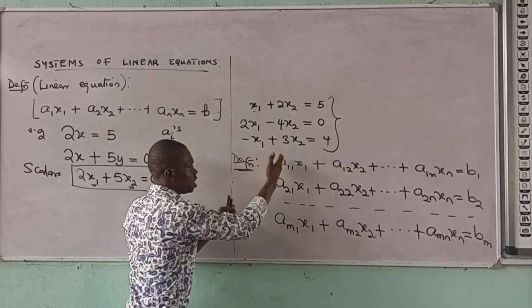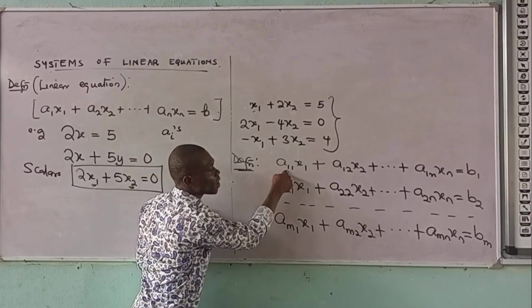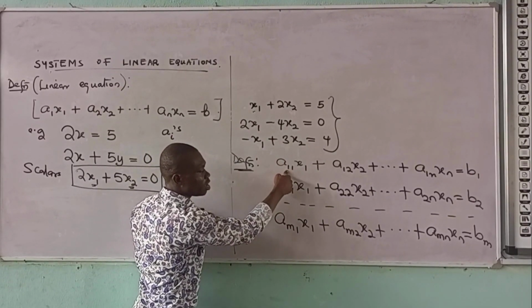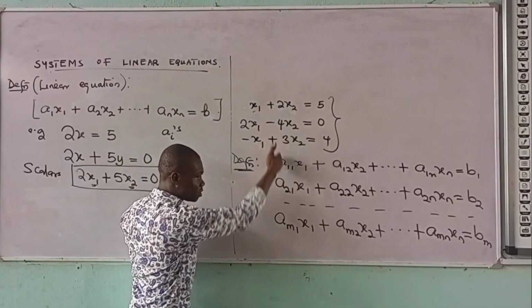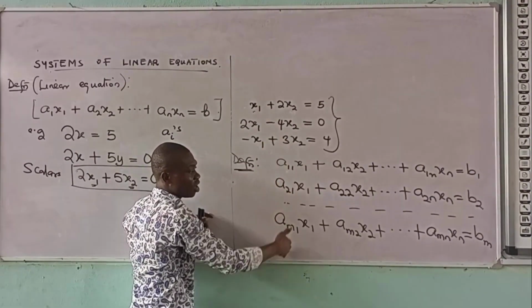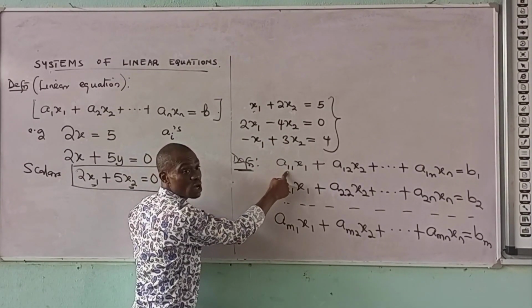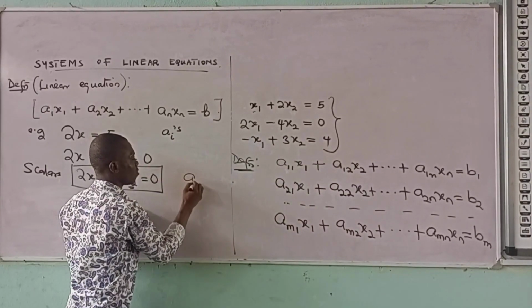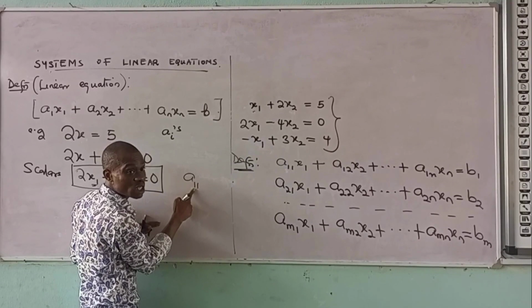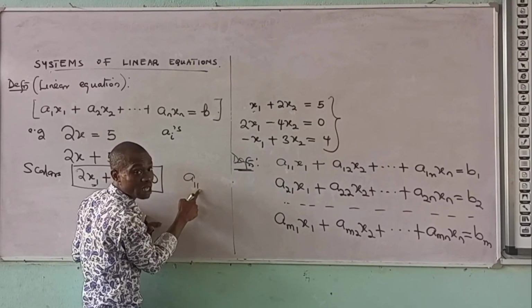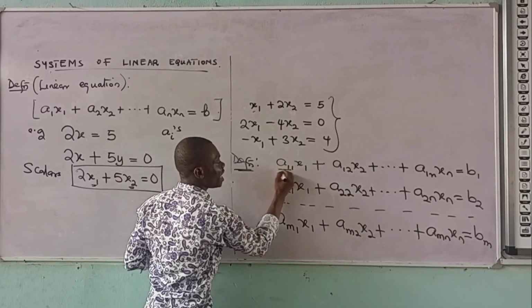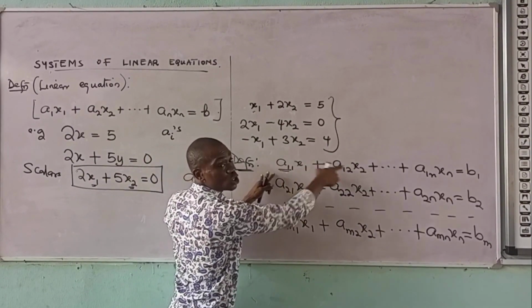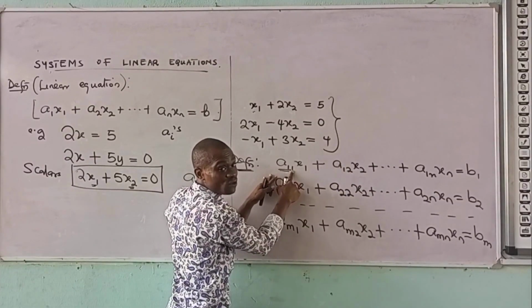So the first digit is telling us the number of the equation. This a11 means equation 1 and variable 1. So this a is the a that is in equation 1 together with variable 1.